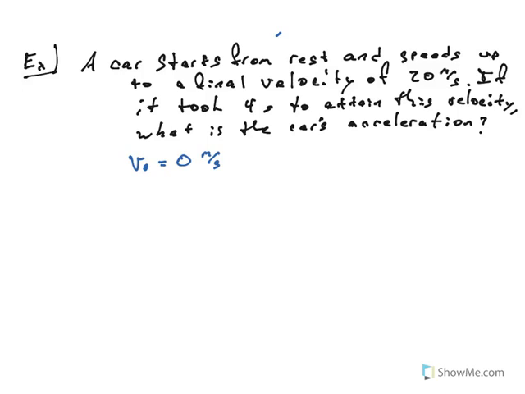It speeds up, so I know there's some acceleration involved, to a final velocity of 20. Okay, so final velocity is 20 meters per second. If it took 4 seconds to do this, okay, so the time it took to change the velocity was 4 seconds. What is the car's acceleration? I'm looking for acceleration.